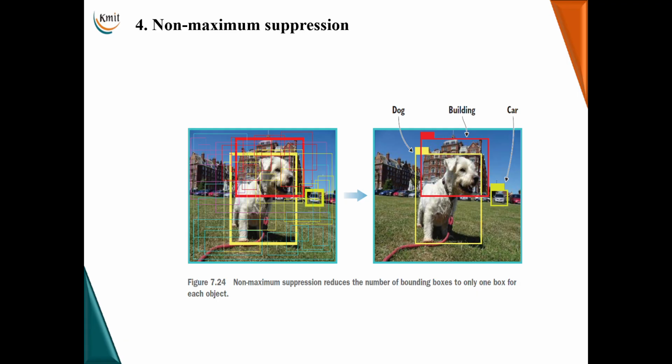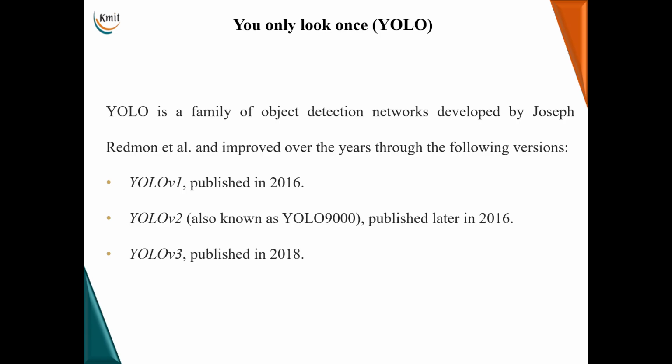Coming to the third component, non-maximum suppression, it will convert n number of bounding boxes to only one bounding box. This is what happens in SSD, where the classification and prediction of bounding boxes is done in one single forward pass.